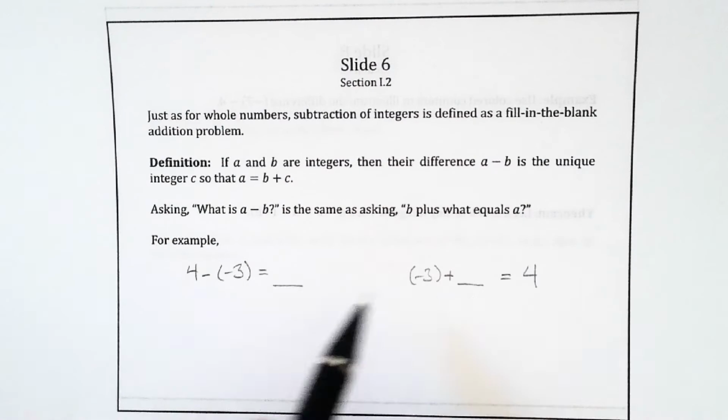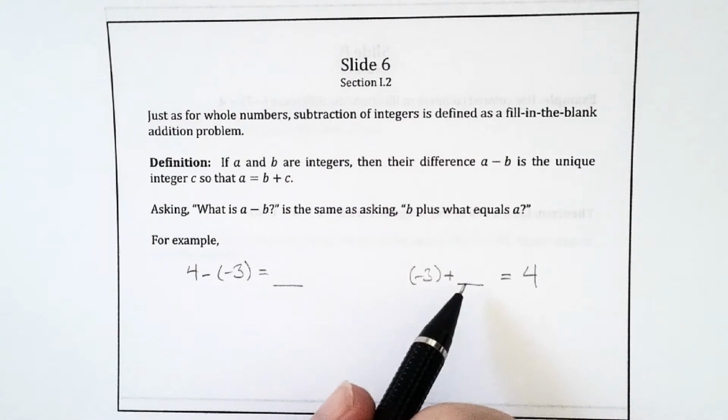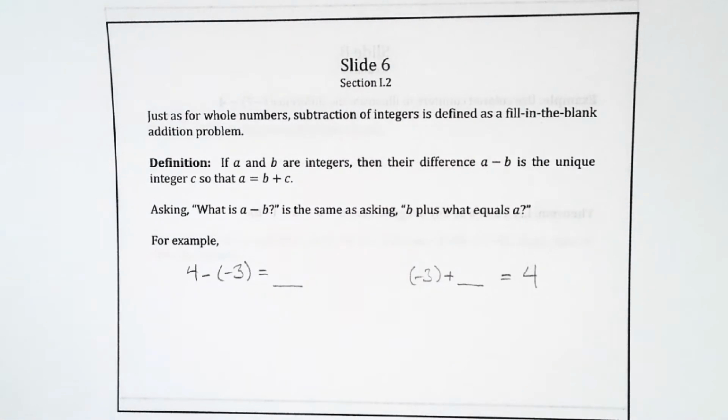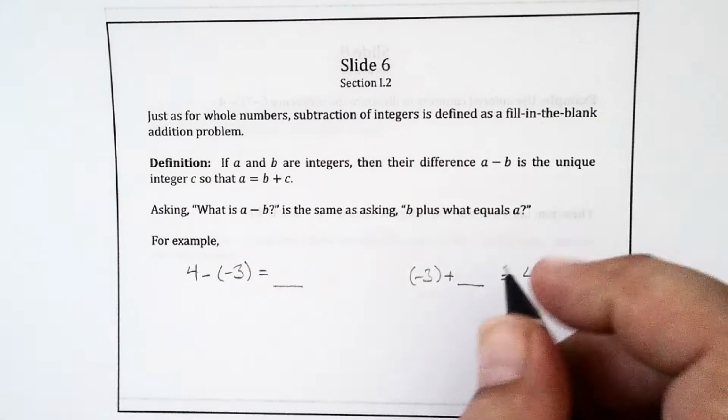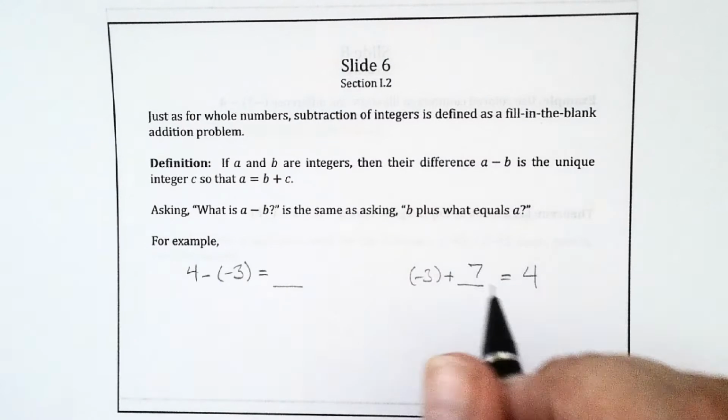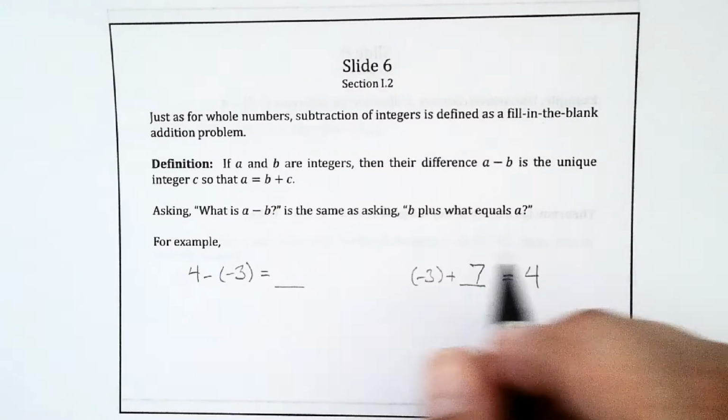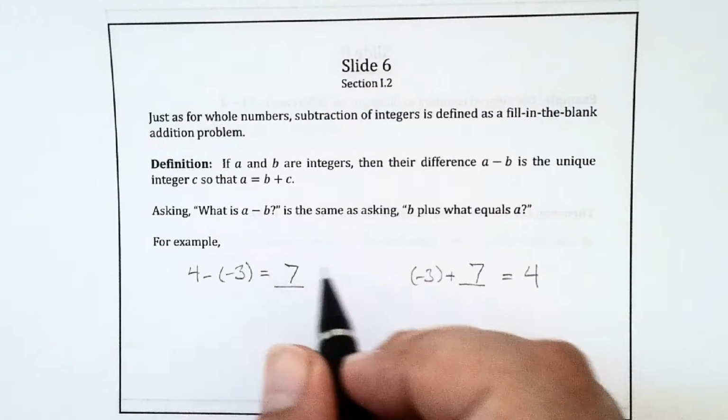These are the same problem. I'm really trying to fill in this blank, and if you think about it, you'll see that this has to be the number 7. So it's really an addition problem. That means that 4 minus negative 3 is 7.